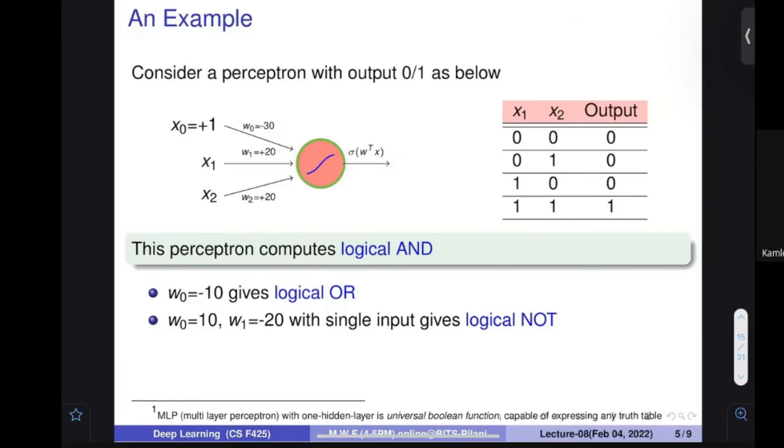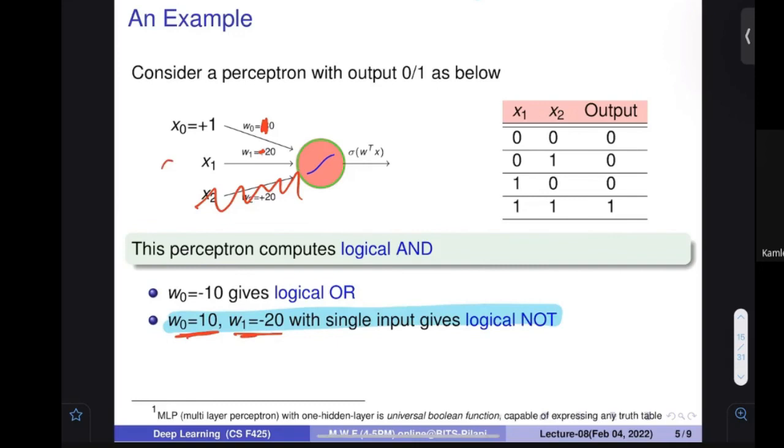Similarly, if I remove the x2 and put w0 equal to 10, and w1 equal to minus 20, here instead of 20 it is minus 20.